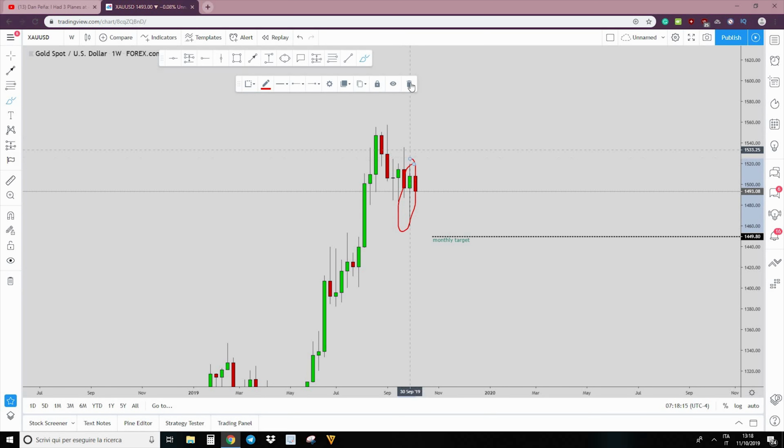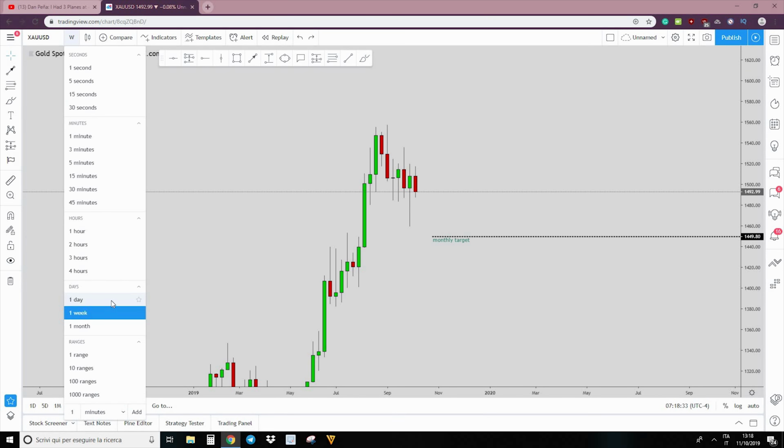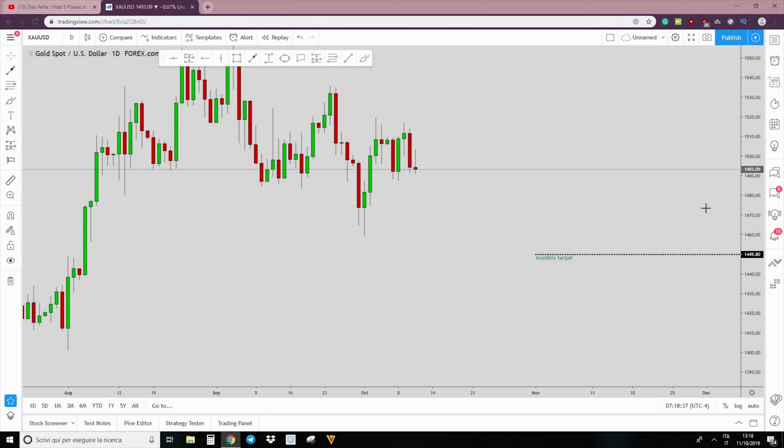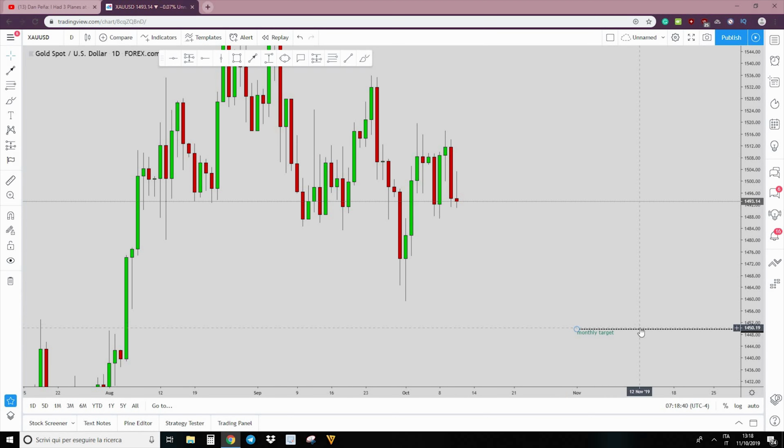This rejection might have just been a fake and the market is supposed to continue to the downside, hit the monthly target, take out all the stops of the people that put their stops below this area, and then continue to the upside. This is overall what we expect for the reasons I'm about to show you on the daily time frame. So let's go to the daily and see what's going on. Now on the daily time frame, we can see that our monthly target is here.